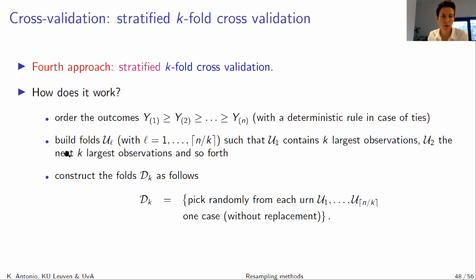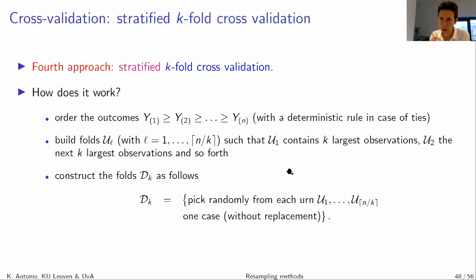And I'm going to say I'm going to build folds or groups such that U1 contains the k largest observations in my data set, U2 then the next k largest observations, and so on. So these U's, I've got n divided by k of them in total, and each of them contains approximately k observations. And then when I actually construct my folds for k-fold cross-validation, I'm going to pick randomly from each urn.